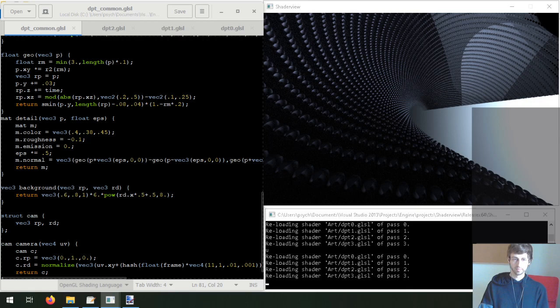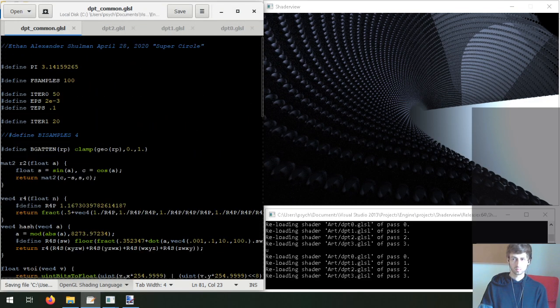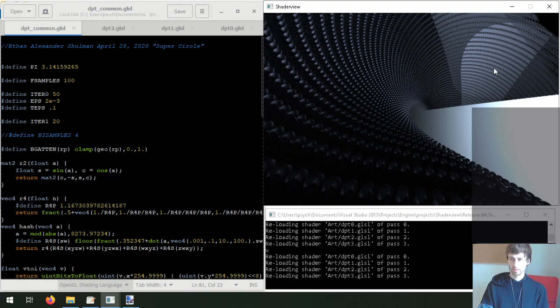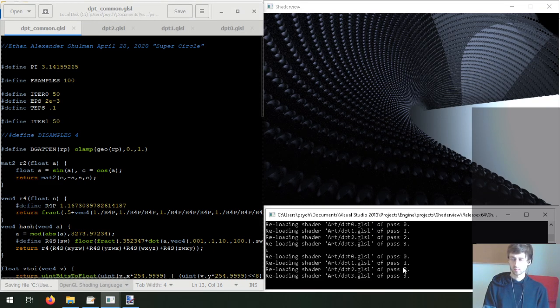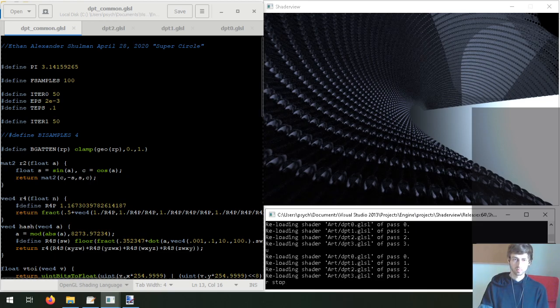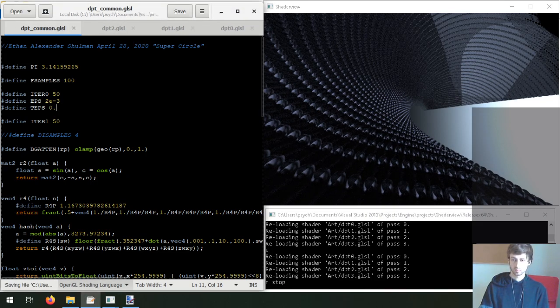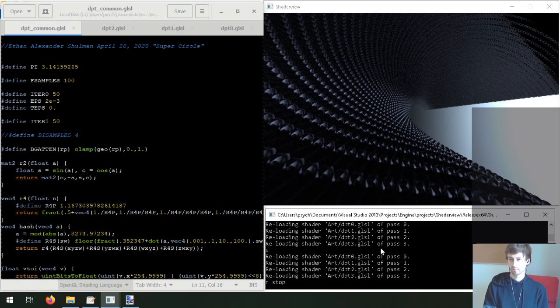Wow, look at that. Like that up there is the reflection back. No, it's the epsilon breaking.